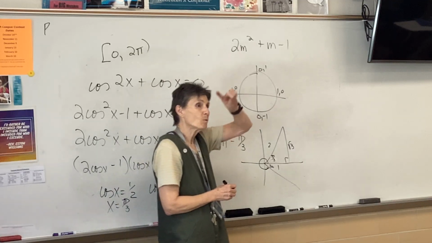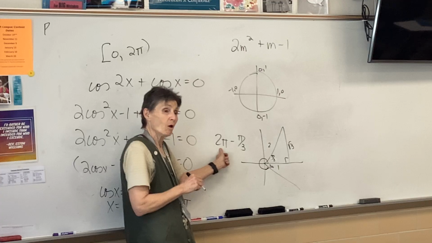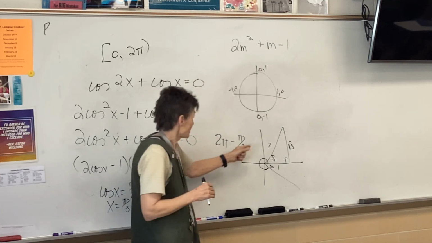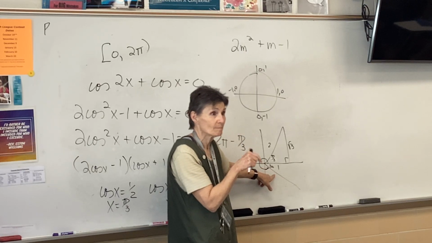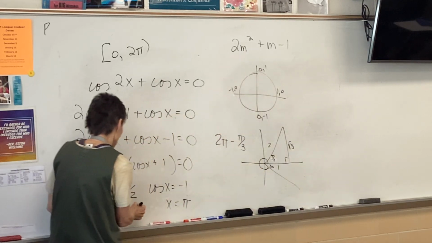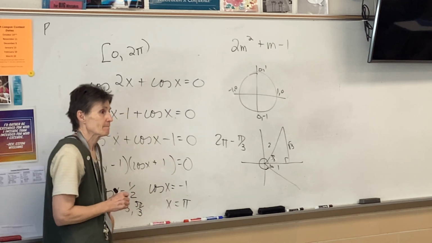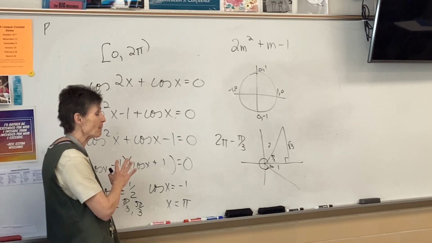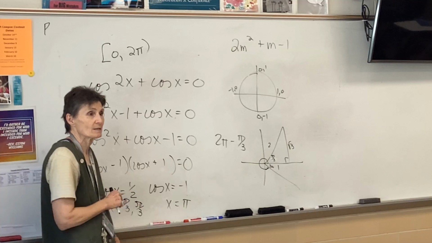So all the way around is 6/3. So I'm going all the way around except for the last third. So that's 5 pi over 3. Nothing different about that problem and the ones we did before, except the way we write our answer.